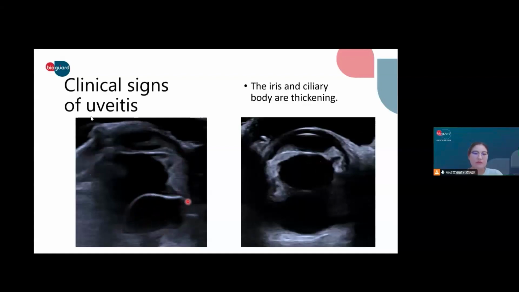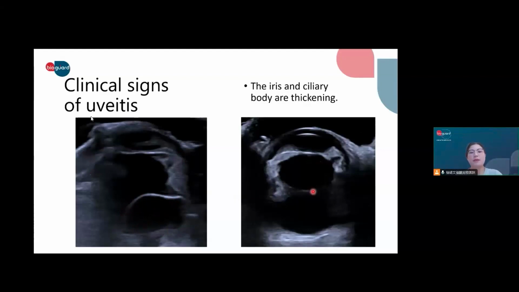We also can observe the detached retina from the ultrasonography. Like here, the linear echogenic substance here in the vitreous chamber. This is the detached retina.